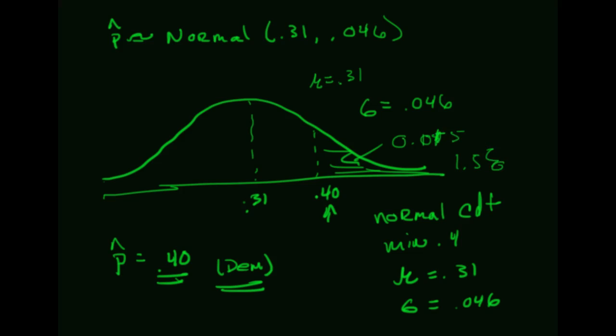That's pretty unlikely. So getting this sample is statistically significant, because it is highly unlikely that I got that sample by chance. There's probably something weird about this sample.